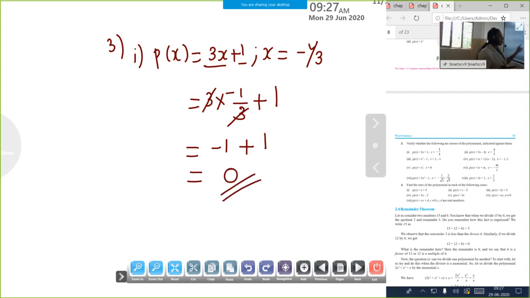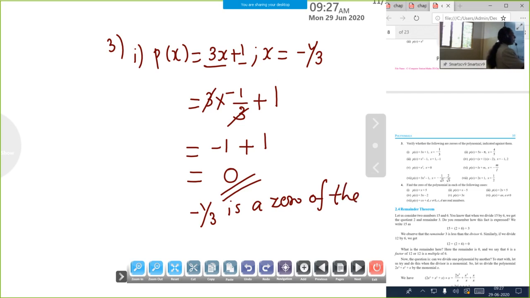If we get the answer 0, that shows that minus 1 by 3 is a zero of the polynomial. If the answer is not 0, if you get 2 there, this shows that this is not a zero. Here we got the answer 0. So after this you write minus 1 by 3 is a zero of the polynomial.